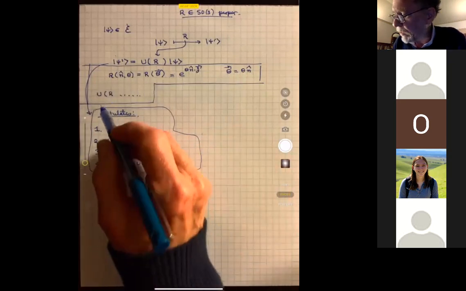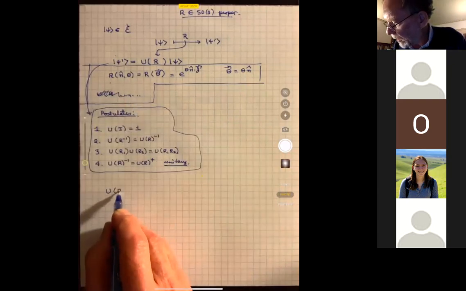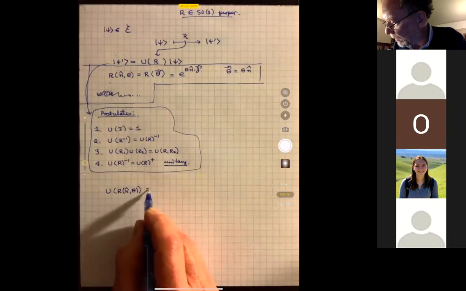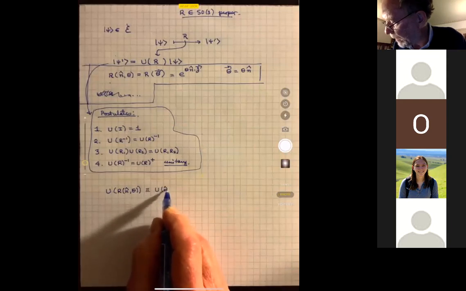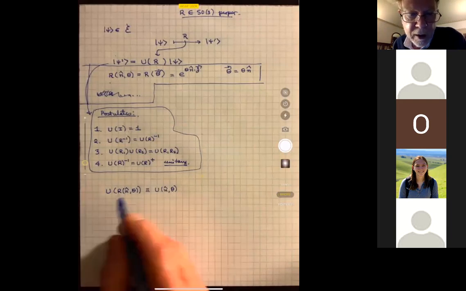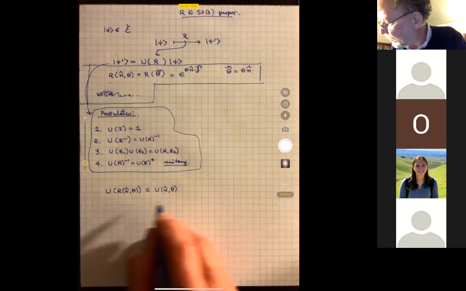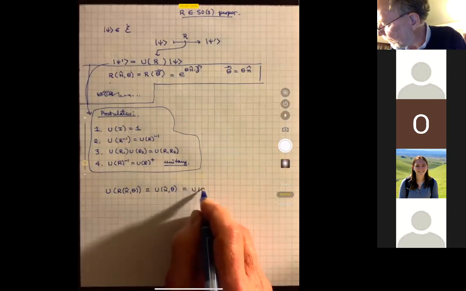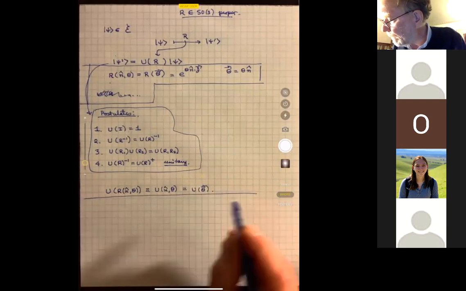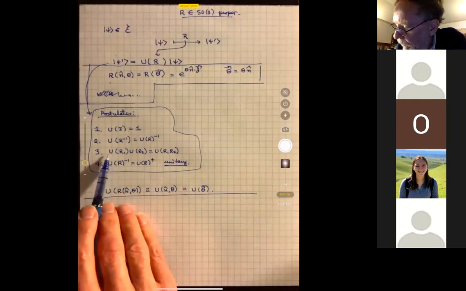As far as the U is concerned, it's a function of R. So if we write R in axis angle form, R of n hat comma theta, let's just define U of R of n hat comma theta as U of n hat comma theta. That is to say, let's just label the U operator by the same axis and angle as the classical rotation that it's associated with. Likewise, we can also write this as U of theta vector, in a fairly obvious notation.